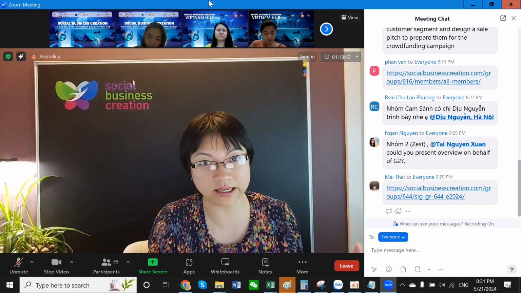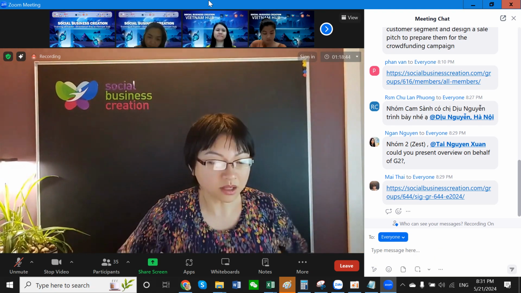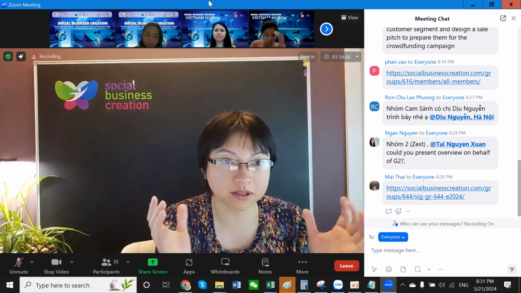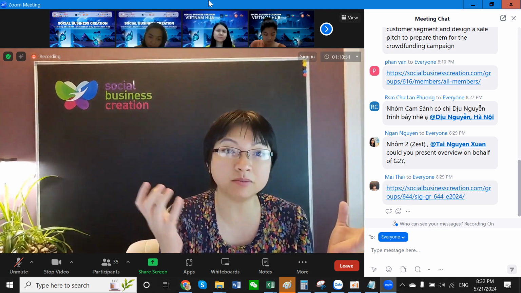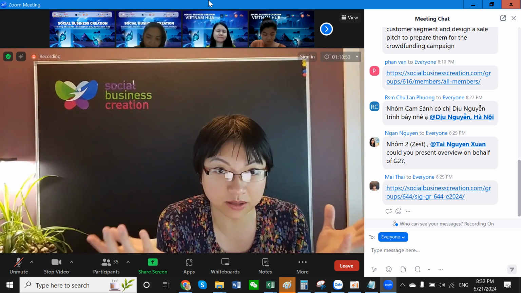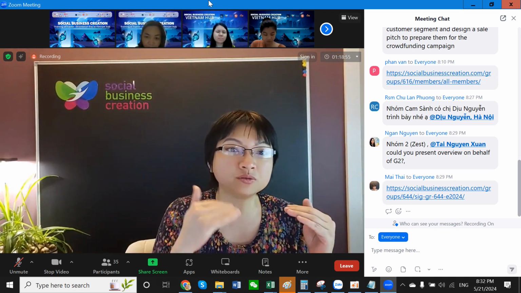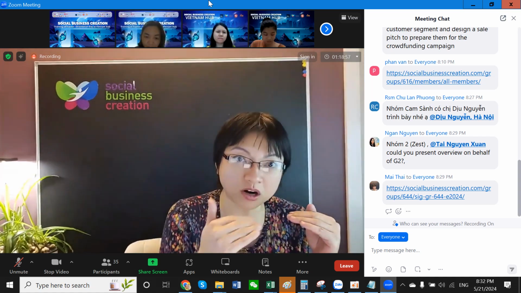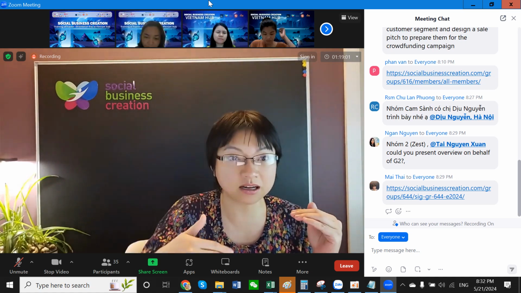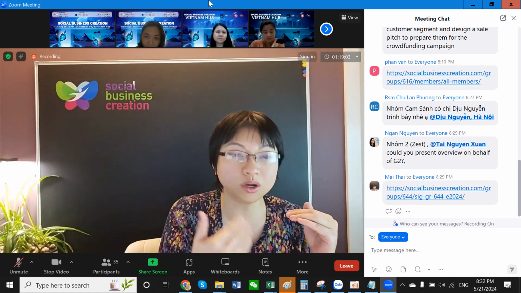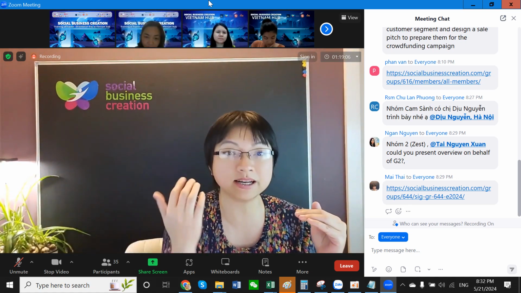So you look at the empathy map, and if the people you target care about waste and air pollution, then one of the reasons why they would buy your product instead of other products is because using your product will help solve the waste and air pollution.